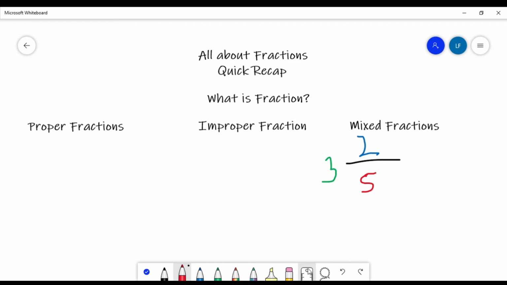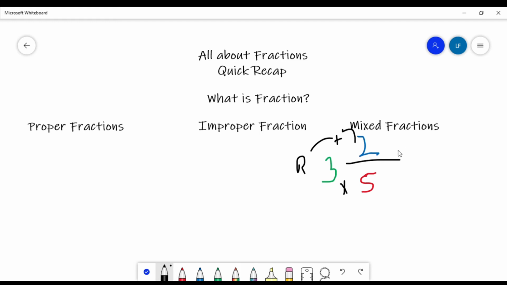So what do we do? How do we convert the mixed fraction into an improper fraction? You have to multiply the denominator with the whole number, and then you get the result here, and then you add that result with the numerator.